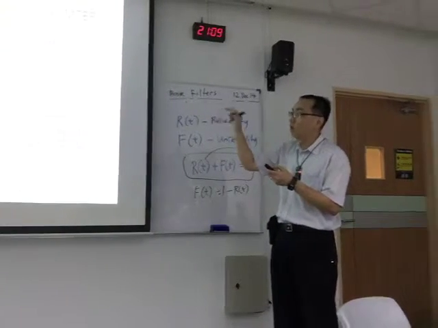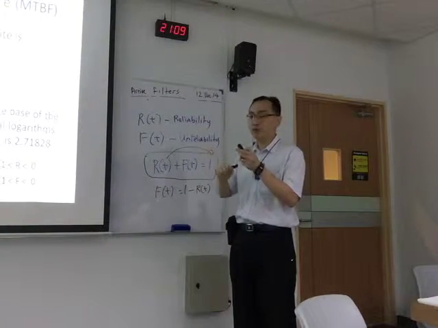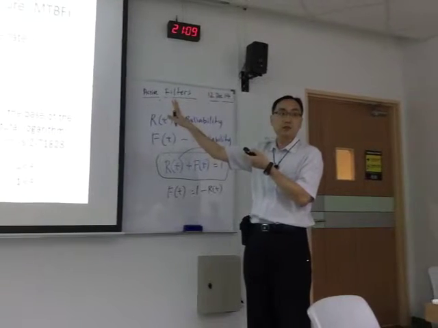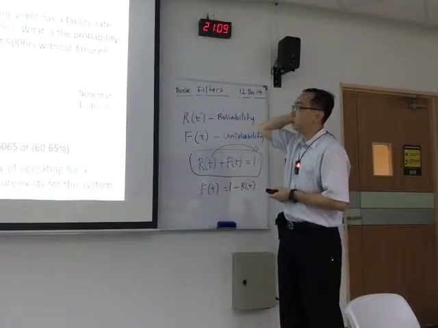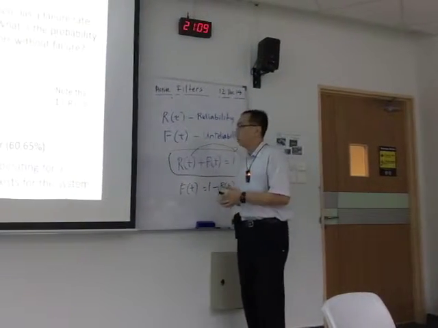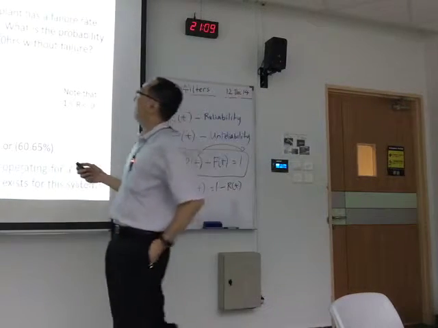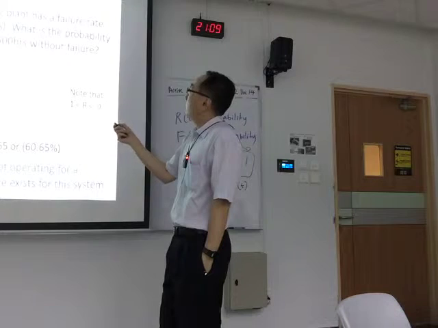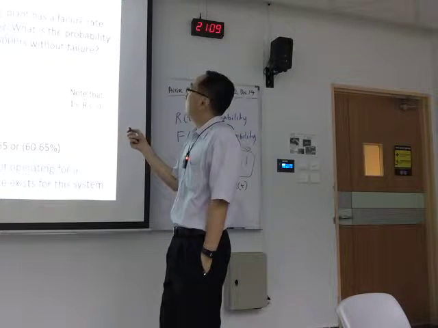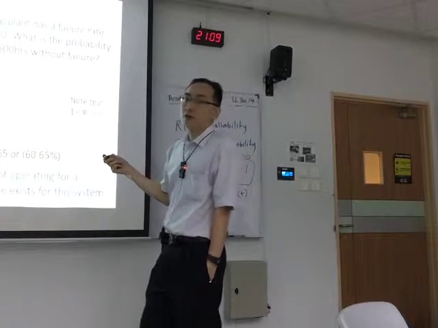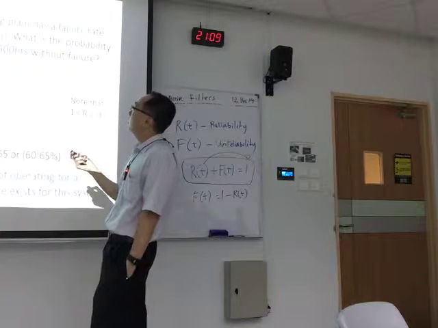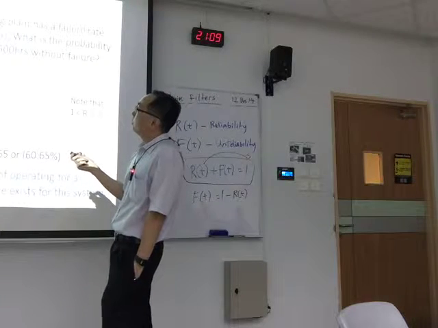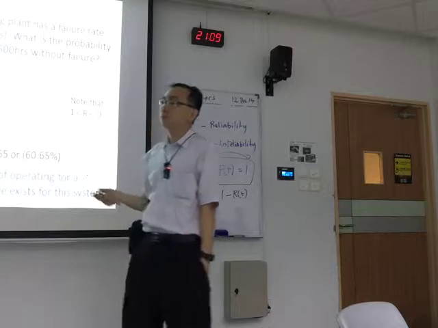One more final example and then off we go. This is the two expressions. Now let's take a look at this one. Very quickly, say I have some equipment in the plant, and I give you the failure rate. On average, it will fail about 0.001 per hour.